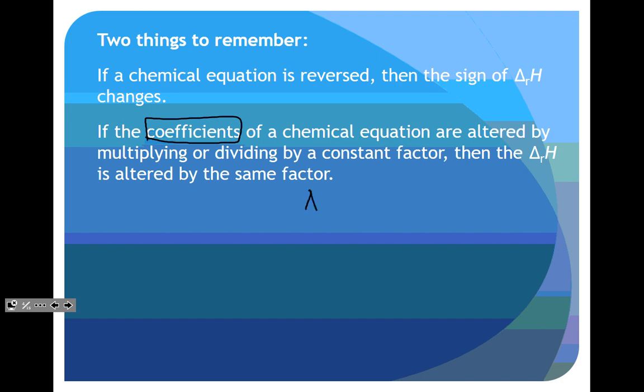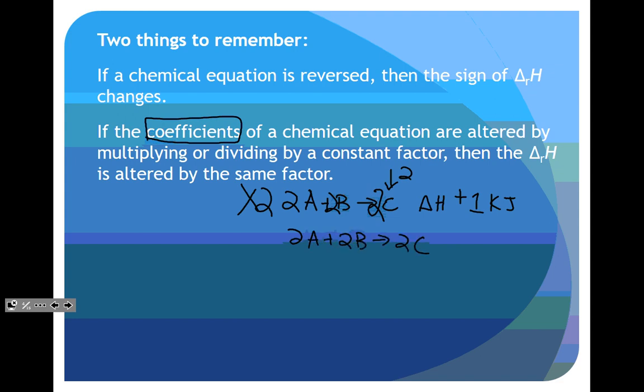Let's say again I have A plus B yields C, and my delta H is positive 1 kilojoule. And let's say I need 2 C's. In order for me to get a coefficient of 2 here, I have to multiply everything by 2. So this becomes 2A plus 2B yields 2C.